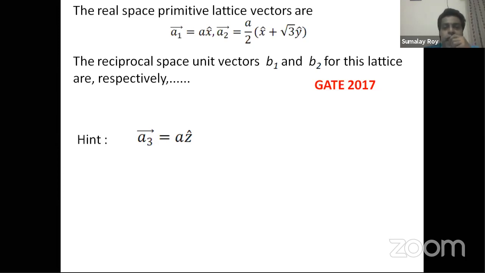This a, I can take any value. I can take 1 also, right? a3 is equal to 1 into z. Because that will cancel out. Whatever calculation you do, there will be an a3 in the numerator and an a3 in the denominator. So that will cancel. Doesn't matter.